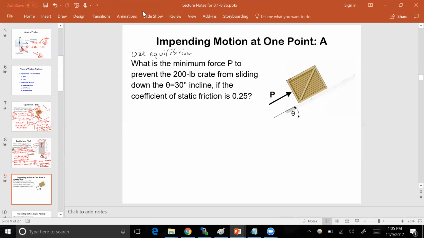So at that point, we use the equilibrium equations, and the notion that Fs is at its maximum value, right?